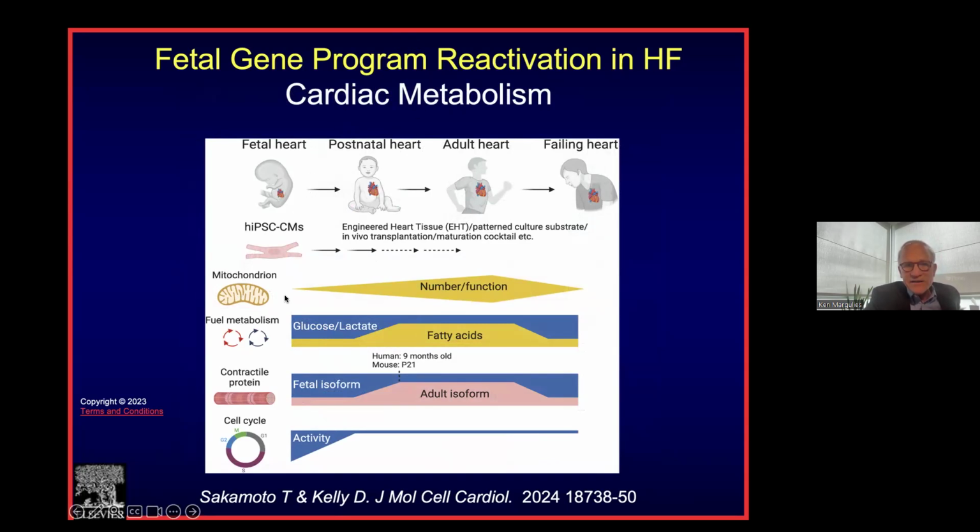So things that are active like predominant use of glucose and lactate in fetal hearts may get more activated in failing hearts and such. Same for the contractile protein isoforms, as I mentioned on the previous slide. On the other hand, cell cycle activity, which is quite active in fetal development, to our knowledge, never really becomes majorly active in the failing heart.